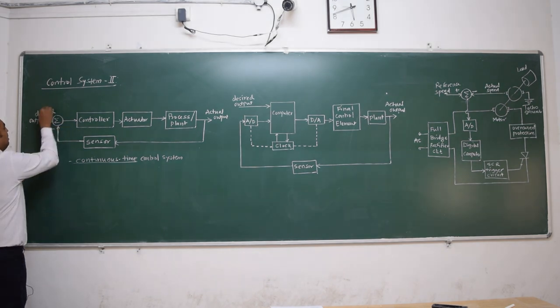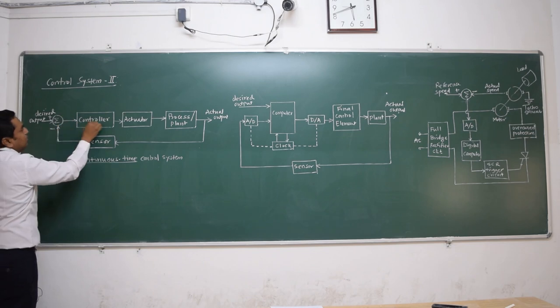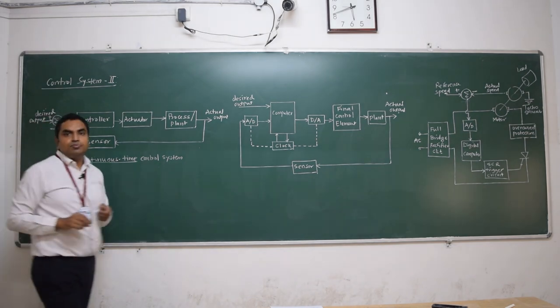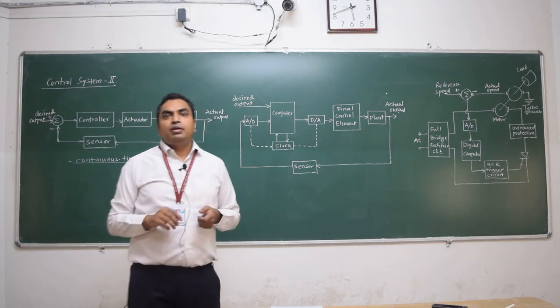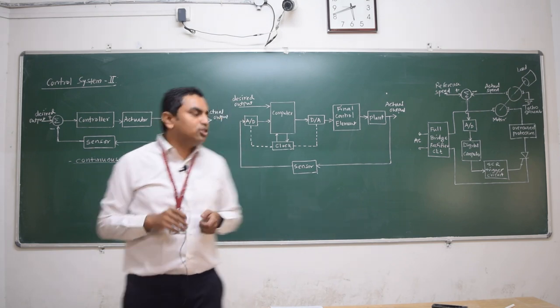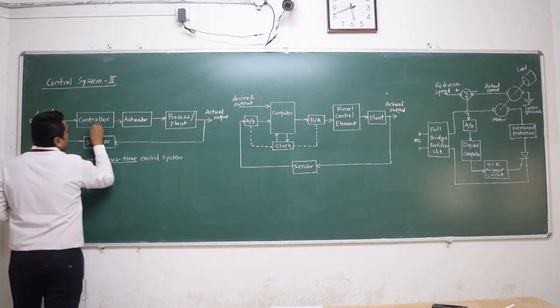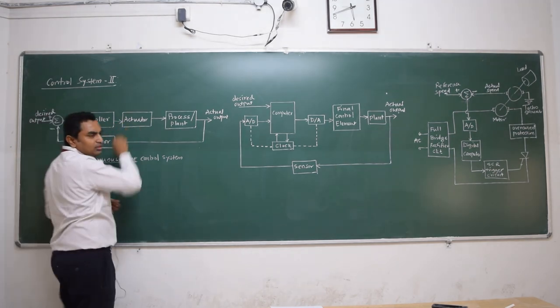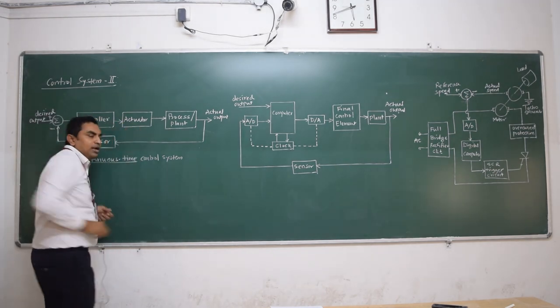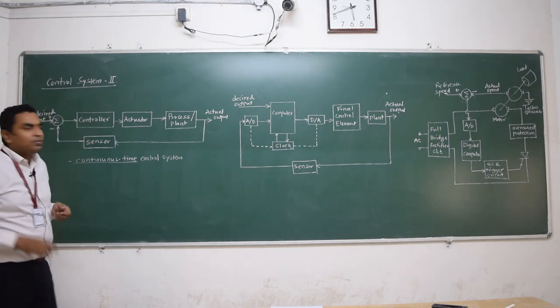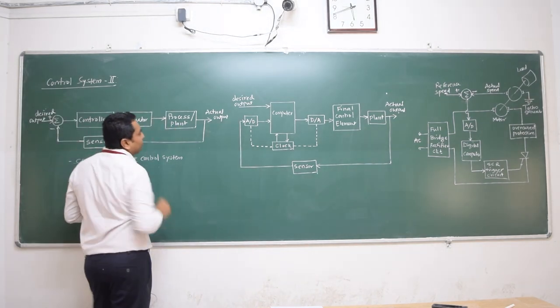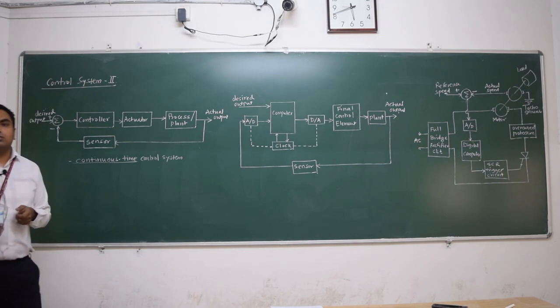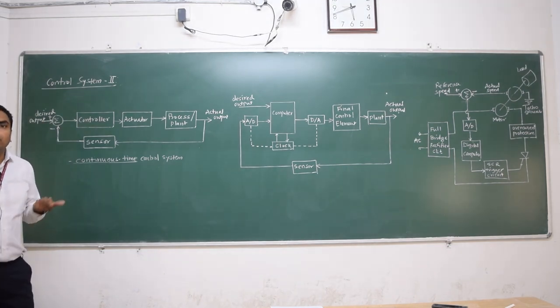It will be compared with the desired output, and the error is given to the controller. The difference between the desired output and the actual output is given to the controller. Controller will generate some signal which is given to the actuator. Actuator is also called the final control element, and this will send signal to the plant or the system or the process to be controlled.